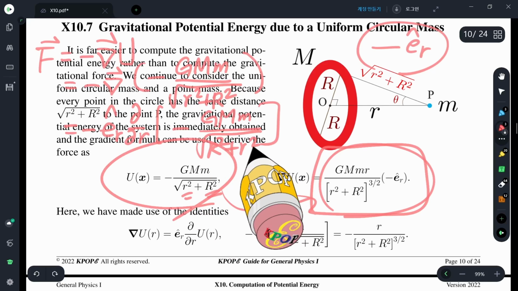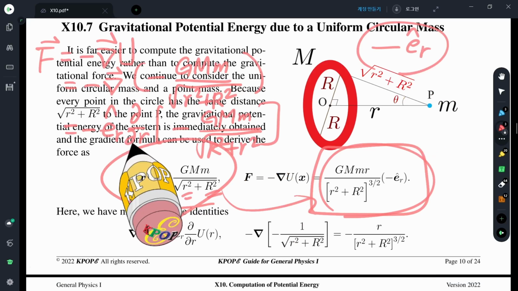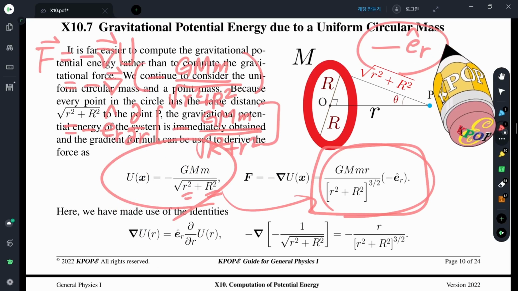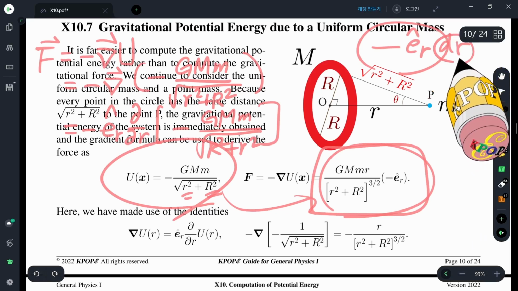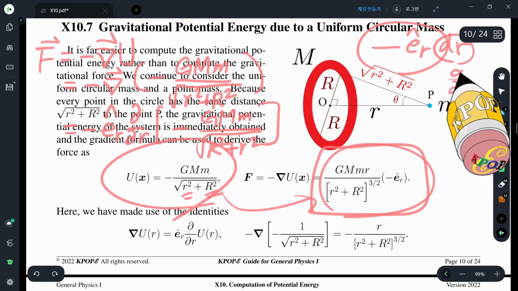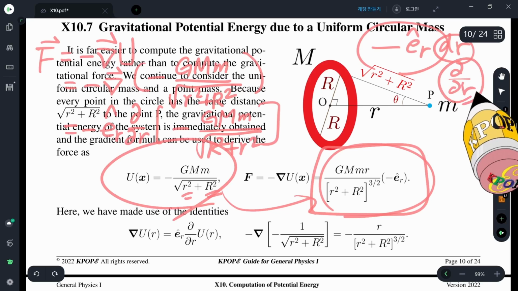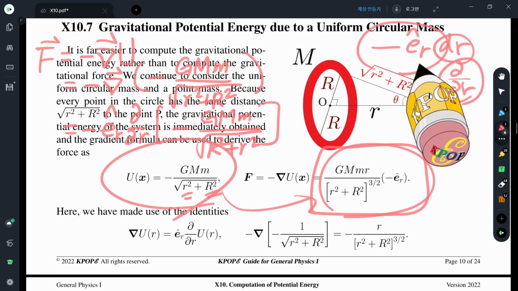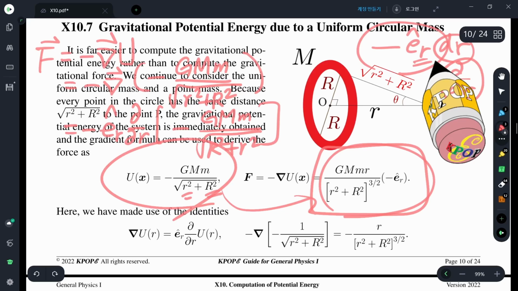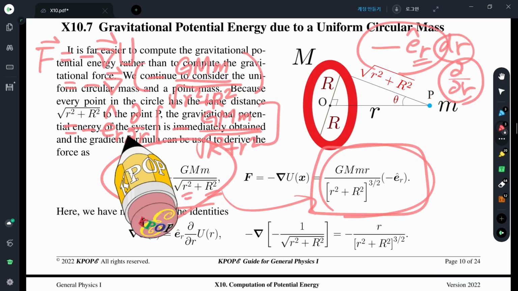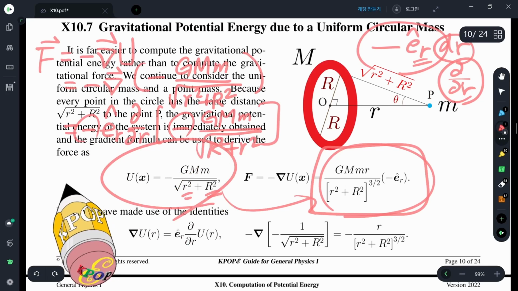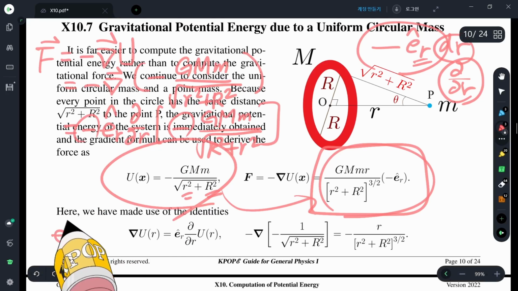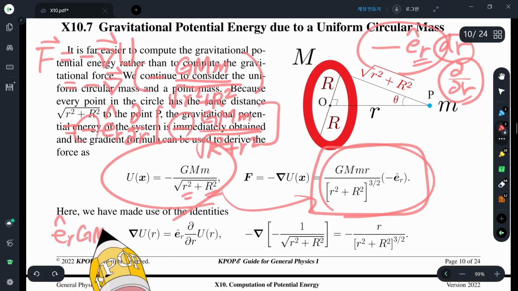Why? The derivative should be the displacement. So the radial displacement is this. So when I take the derivative, what I have to do is just take the derivative with respect to the radius, along the unit vector along the radius. So I have two negative signs, then ER hat GMM.